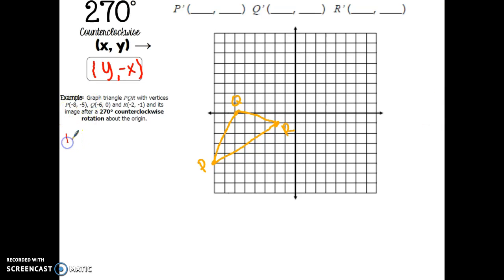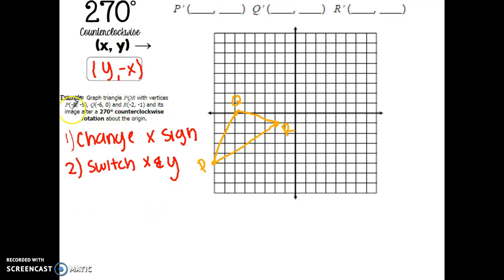The first thing you should do is change your signs. This is just our x, so change the sign of x. And then what you're going to do is switch places. Switch x and y.